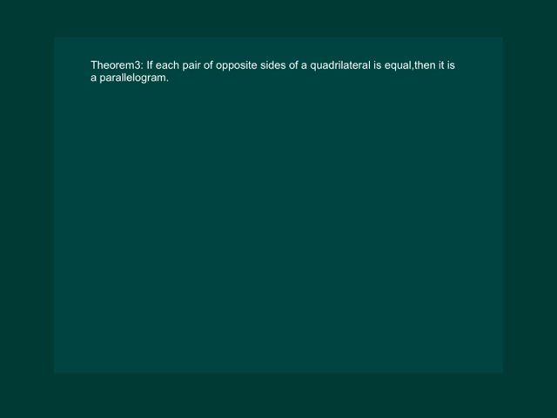Next property is that if each pair of opposite sides of a quadrilateral is equal, then it is a parallelogram. So let us draw a quadrilateral whose pair of opposite sides are equal.